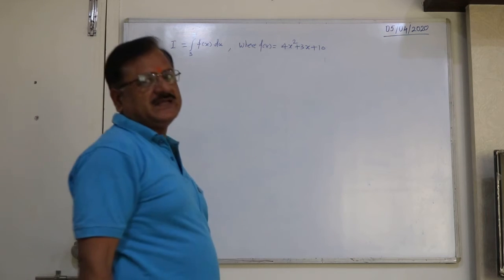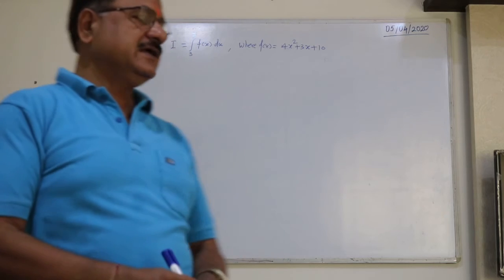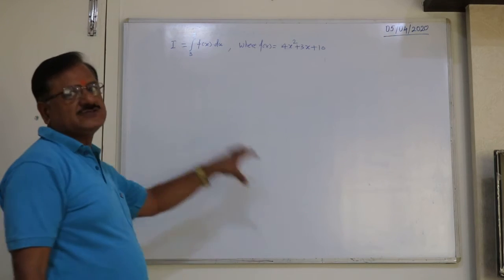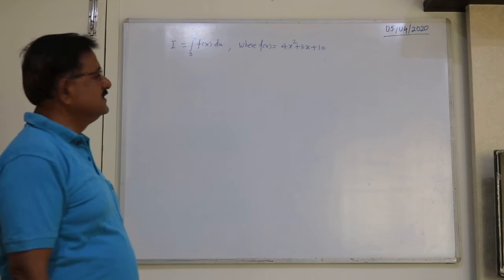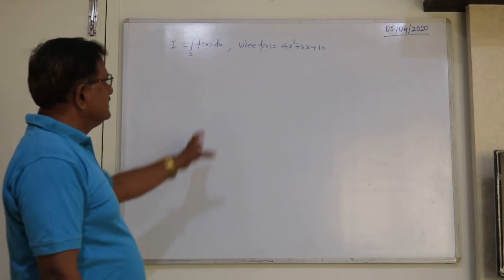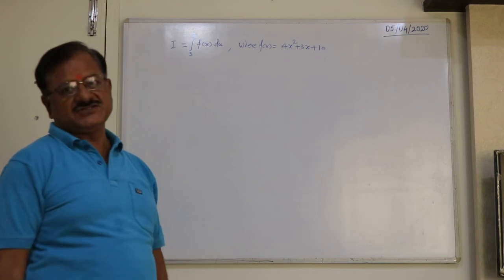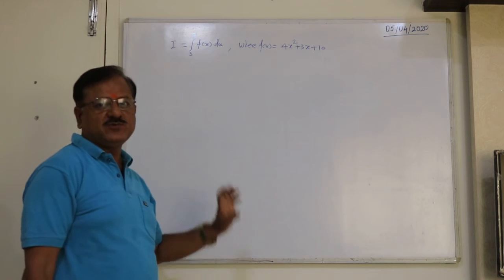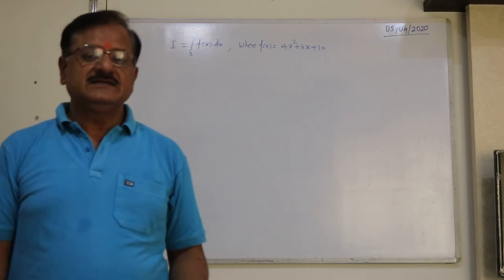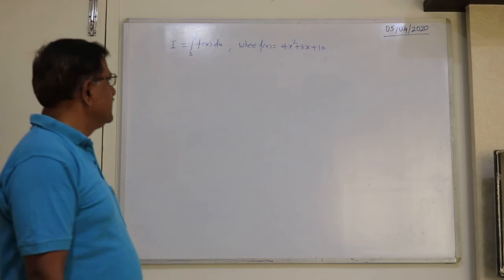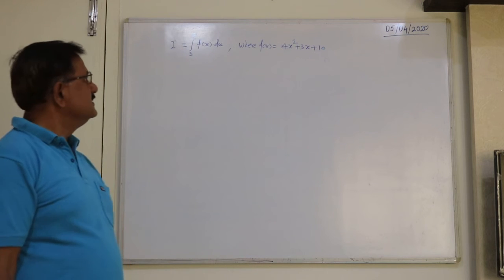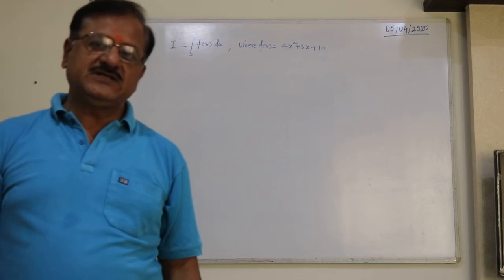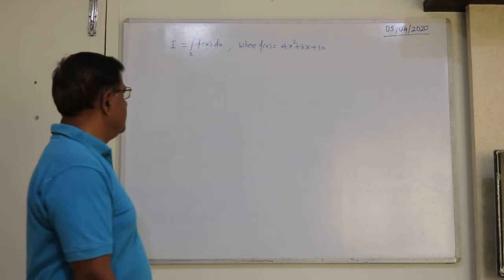This polynomial has the second order, and from that we can decide the number of Gaussian points to be used to find out the accurate solution. Anyway, this is a simple function, for which we can calculate the exact integration also.